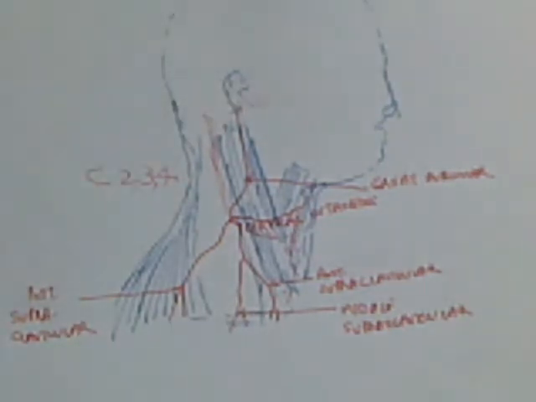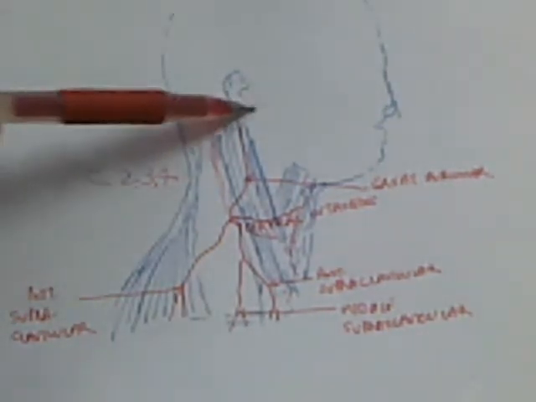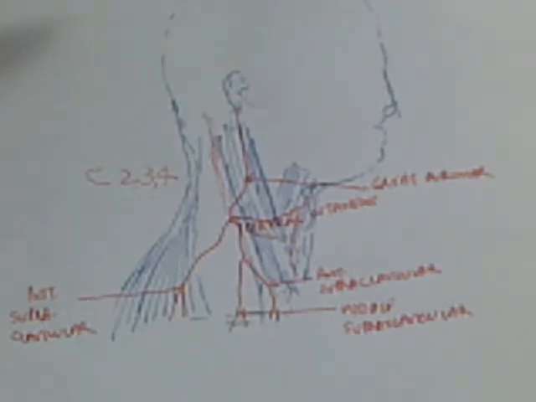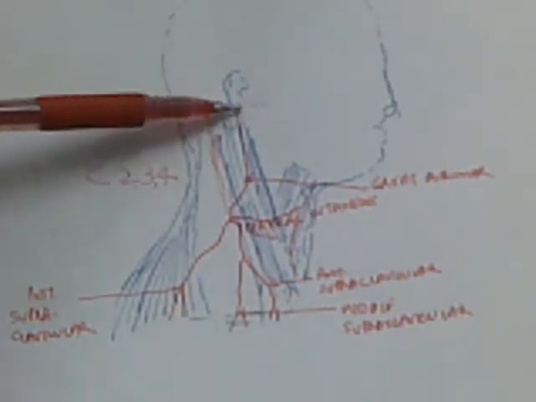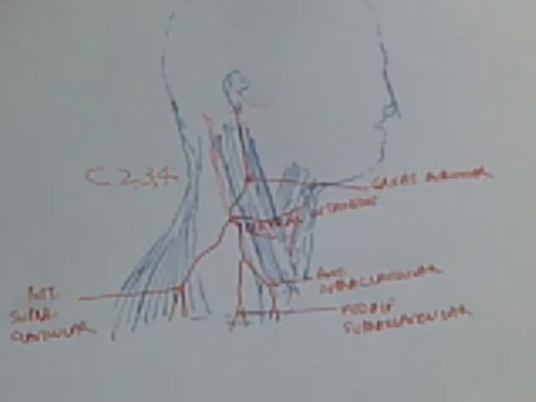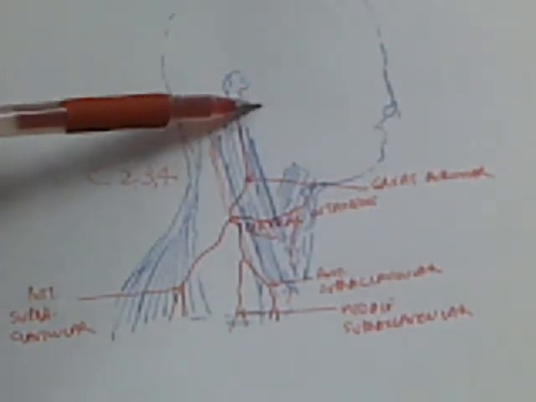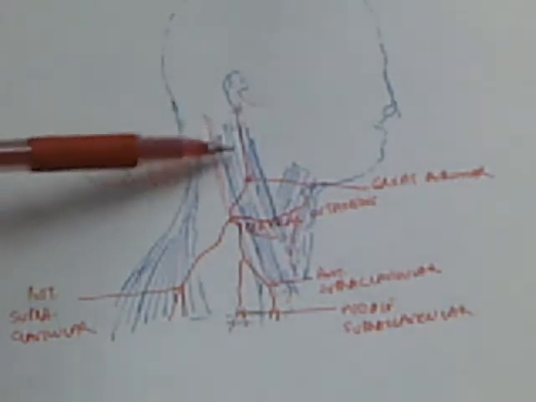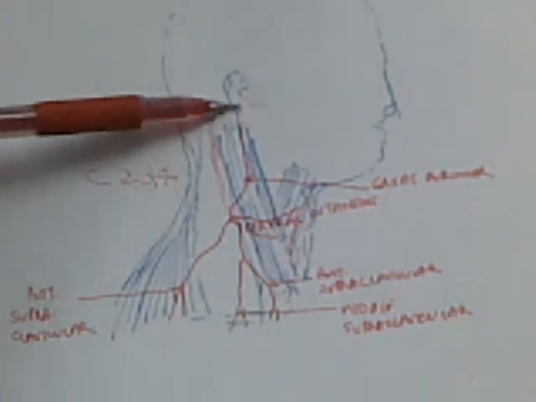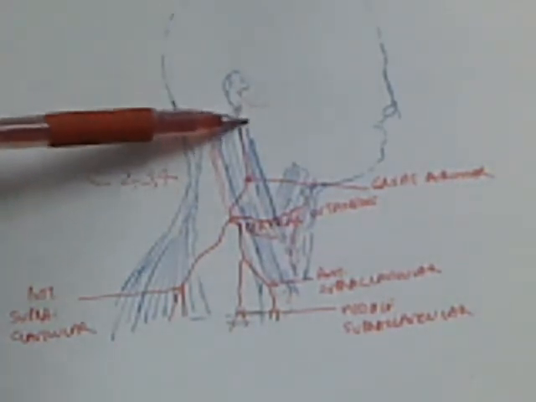This anterior branch, also called the facial branch, supplies the skin of the face over the parotid gland and communicates in the substance of the gland with the facial nerve.